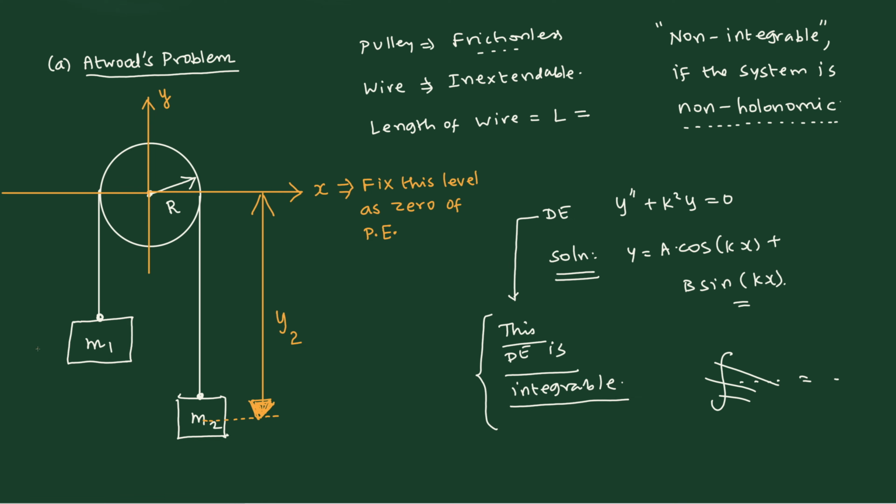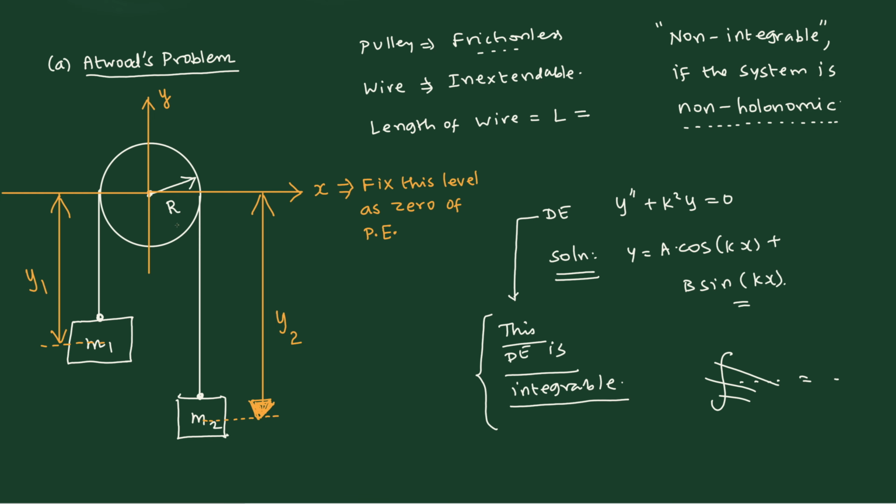Similarly for the first mass, you can draw a similar length scale and say that from here to here would be y1. So y1 is for the first mass, y2 for the second mass. And that is one thing.